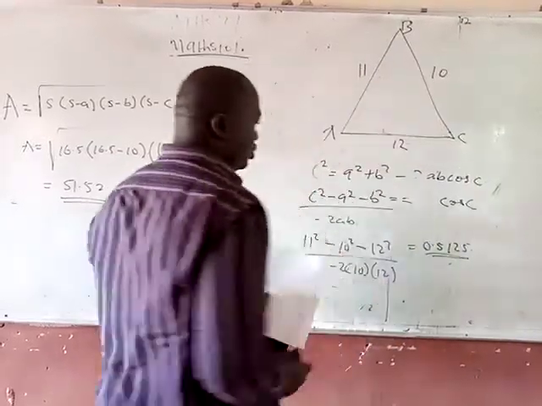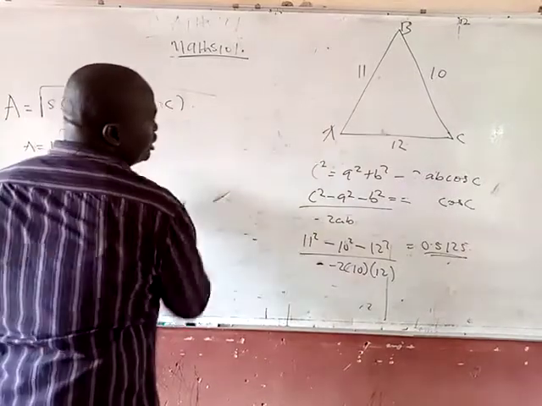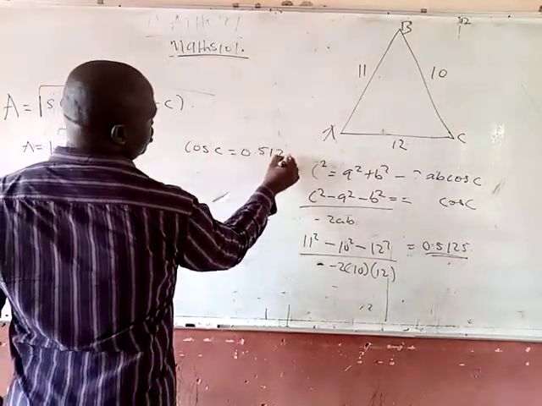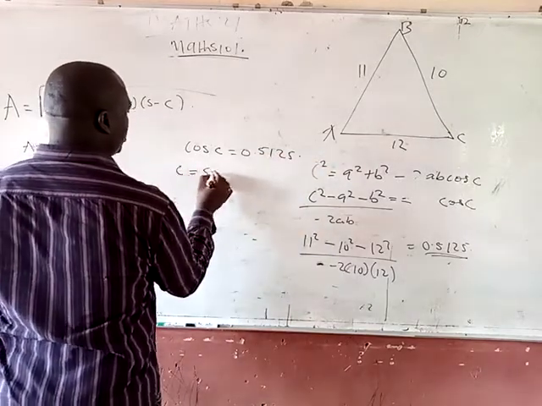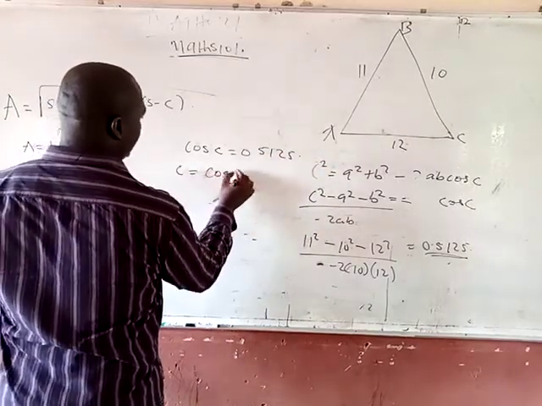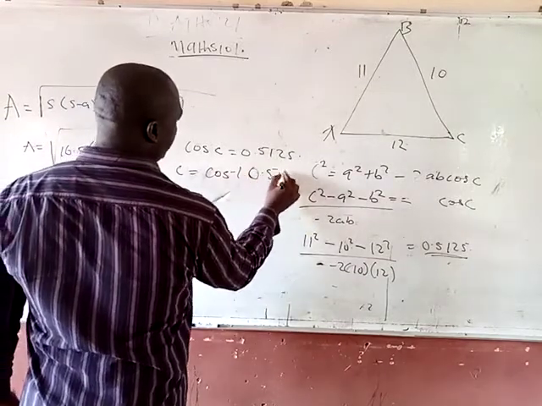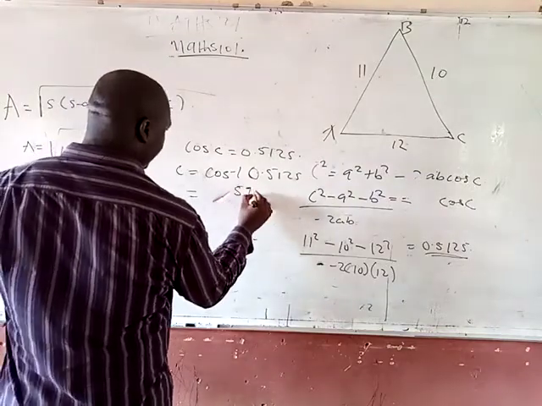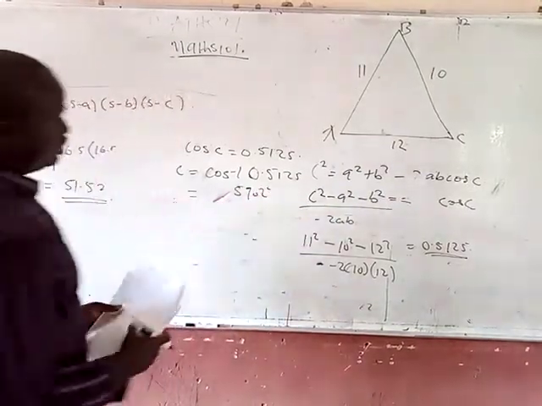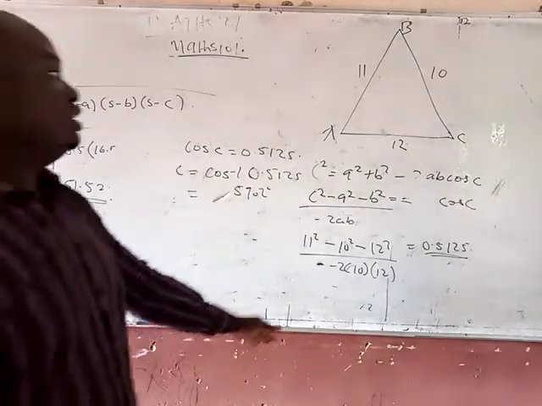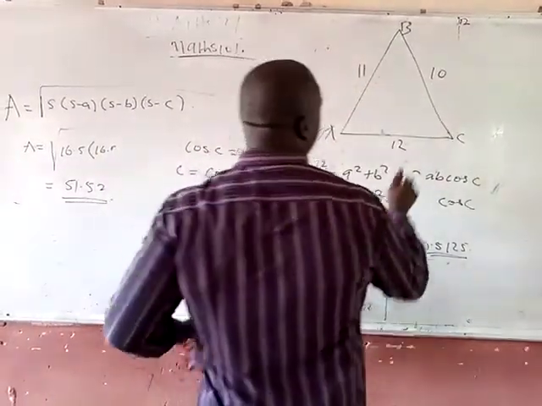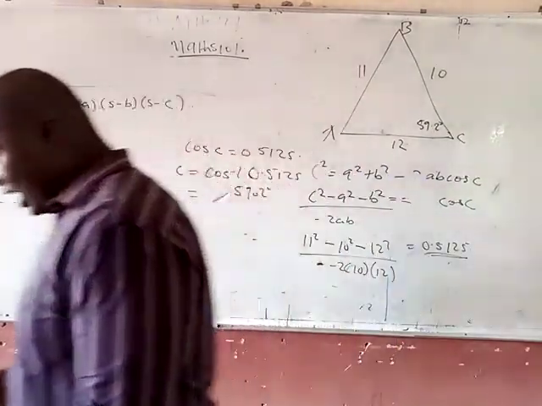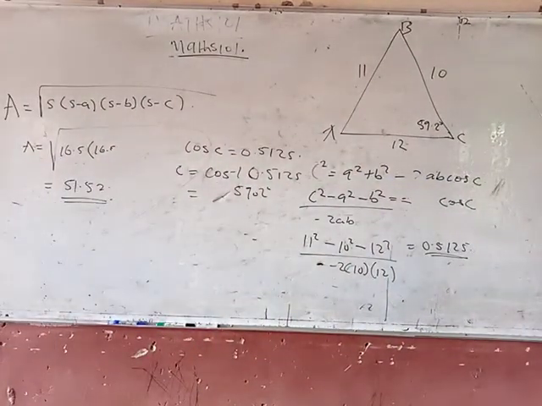So if cos of C is 0.5125, C is now equal to the cos inverse of 0.5125. This should give you 59.2 degrees. So that's how to use cosine rule to calculate an angle. So that means that here is 59.2 degrees.